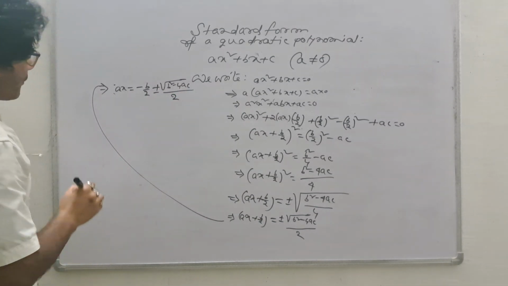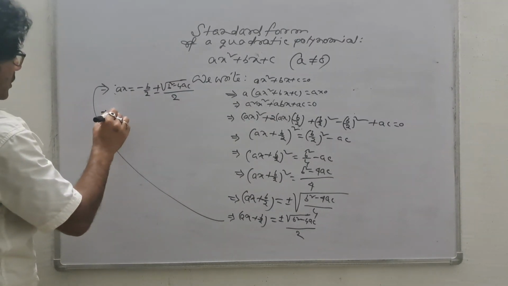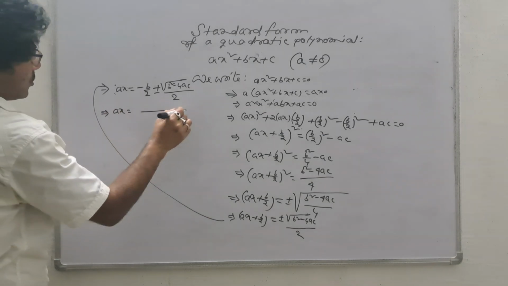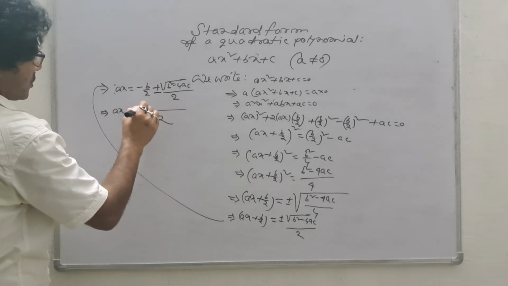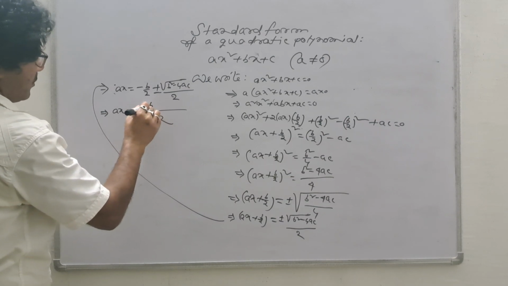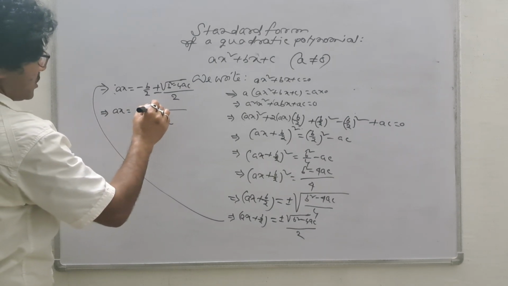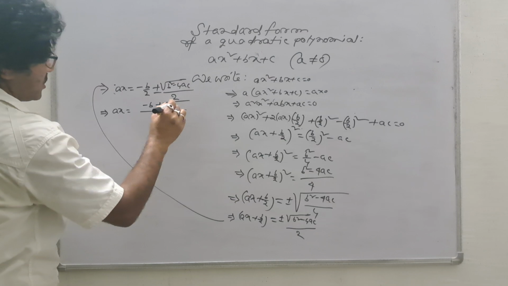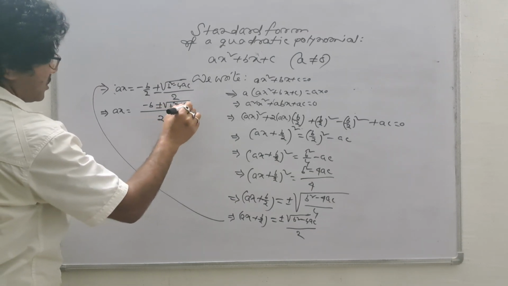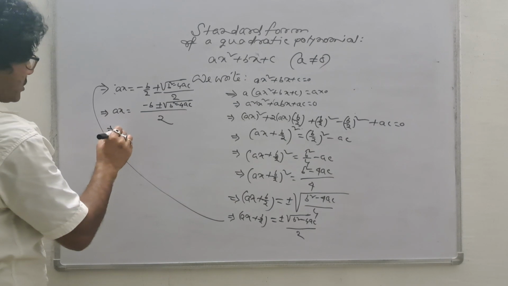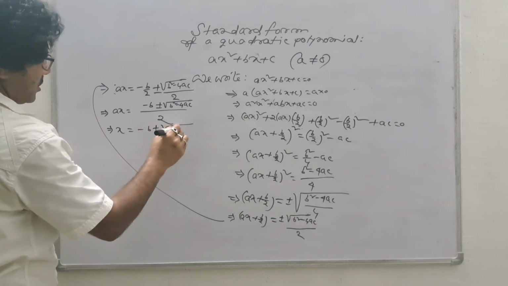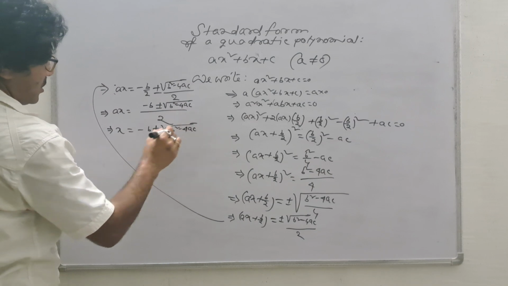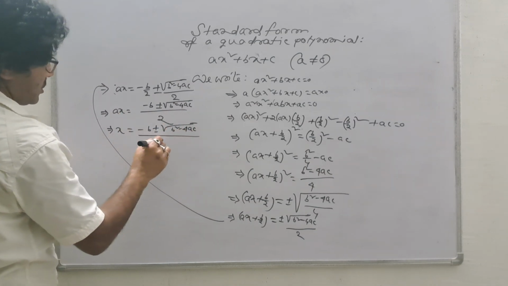Now take 2 common, so ax is equal to minus b plus minus root of b squared minus 4ac, and this a we take to this side.